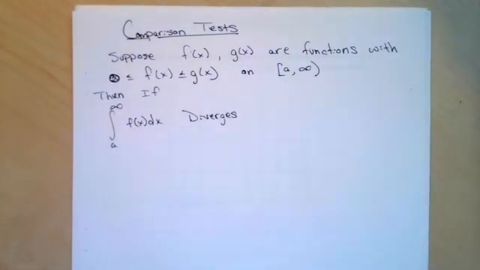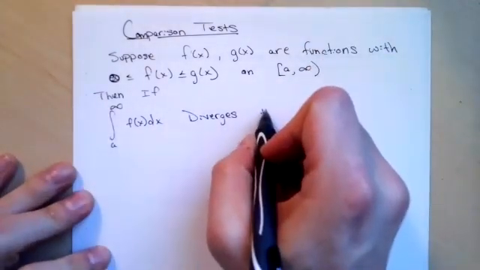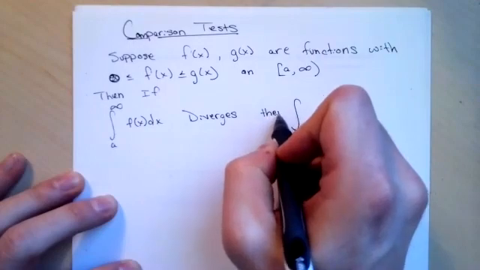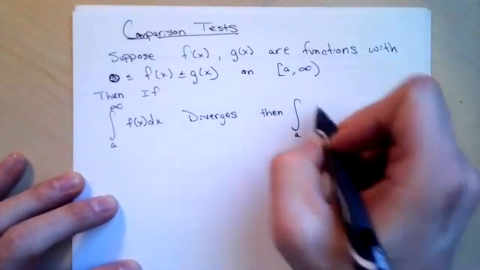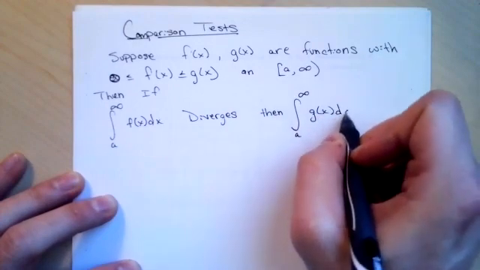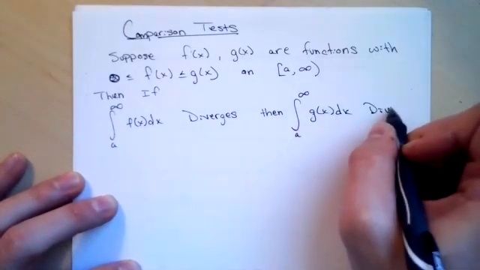meaning it has an infinite sum, then g of x also diverges.